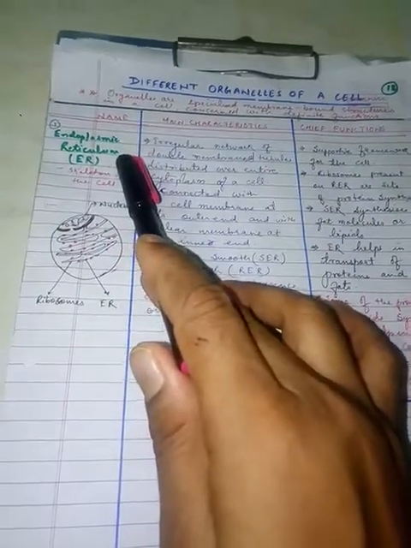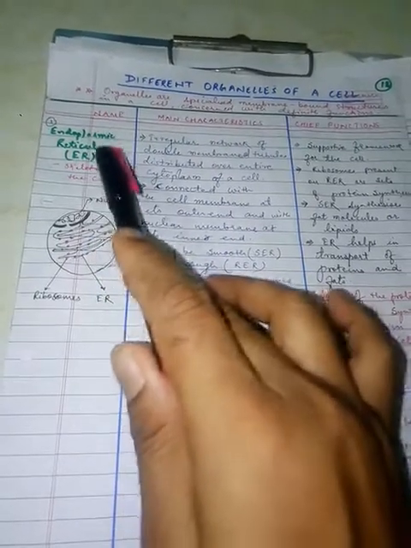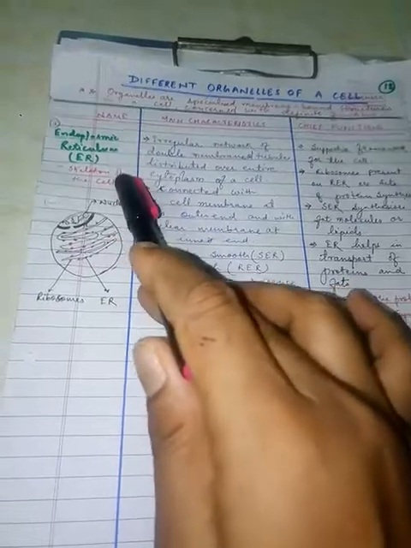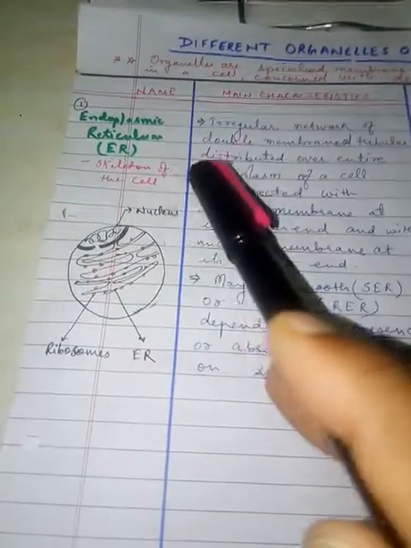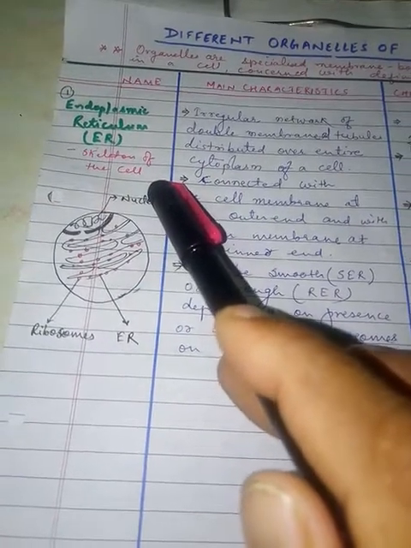So let's start with endoplasmic reticulum, which in short is termed as ER. Endoplasmic reticulum is also called as the skeleton of the cell.